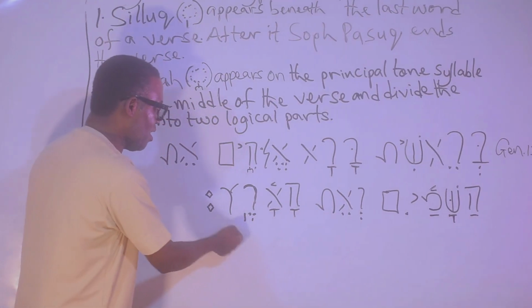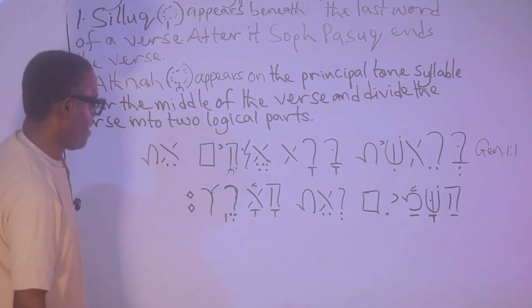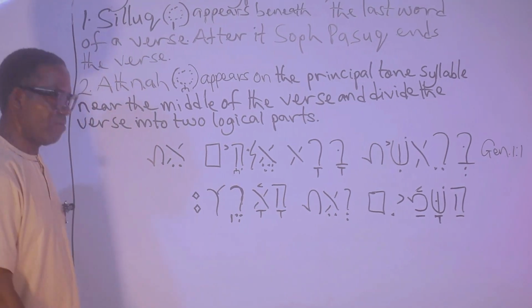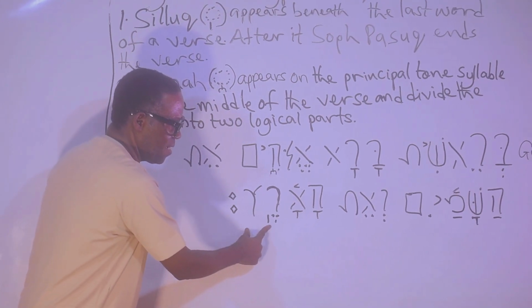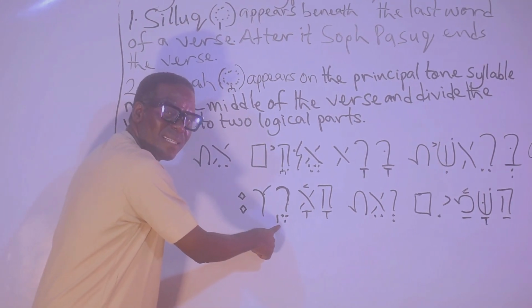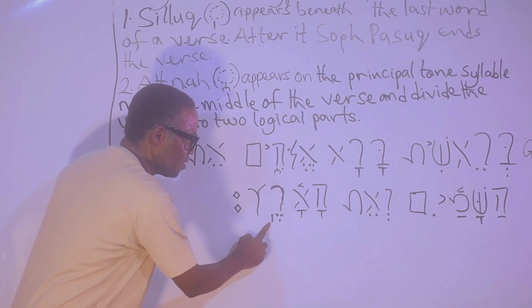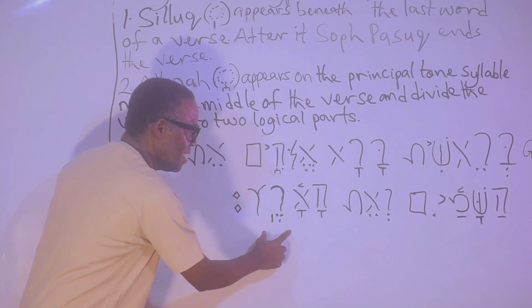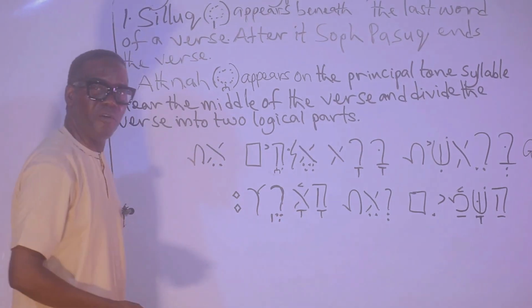Then, at the end of the verse, the last word in the verse, Ha'aretz, Siluk appears beneath the last word of the verse. This is Siluk here, appearing under these consonants and beside the vowel of the consonant.